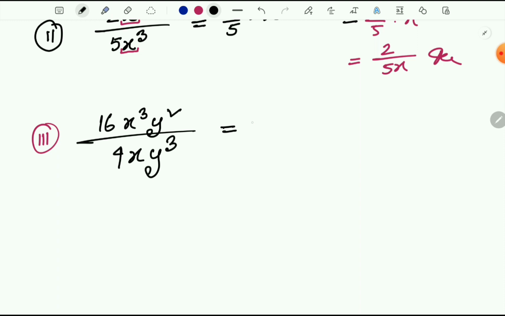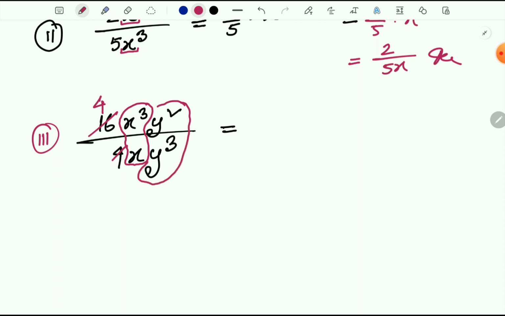So we can divide 16 by 4, and we compare the two terms separately, because the base is the same here: base is x, and y we will compare separately.